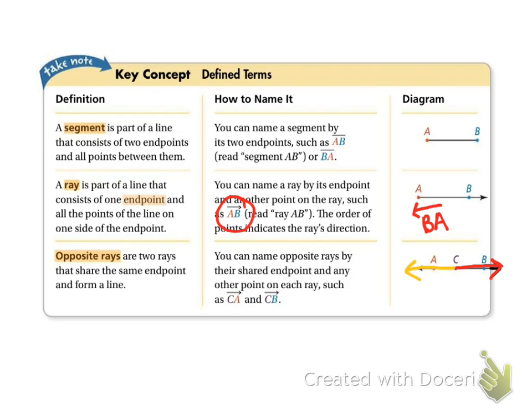I picture them shaking hands and then heading opposite directions. So opposite rays do not overlap ever, and there's not ever a gap between them. And when we're naming opposite rays, you should look for 3 points on a line. And that middle point will be where they meet up. Notice in writing them over here that the arrows are with the A and with the B, and wherever there's a C, there isn't an arrow because that is an endpoint.